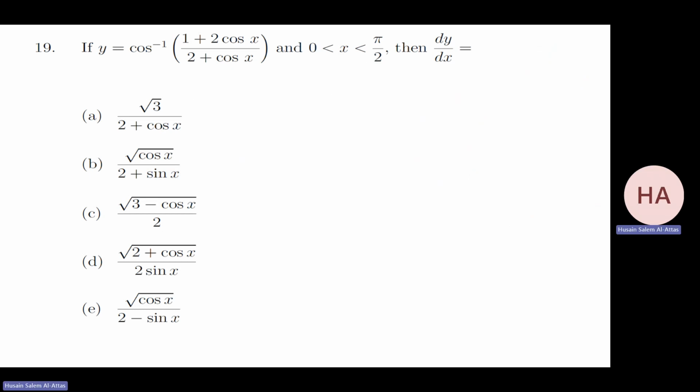Cosine inverse of 1 plus 2 cosine x over 2 plus cosine x. It's not difficult, but complicated. Yeah. Let us do it.